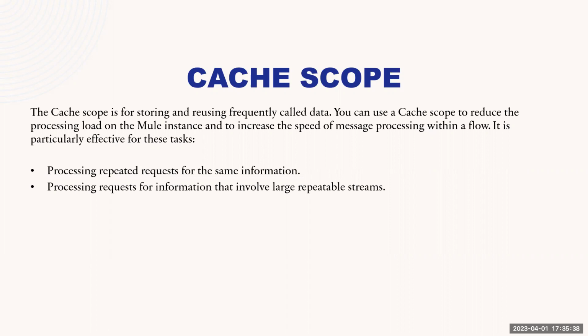The response that was retrieved from the first call will be automatically stored in the cache scope. Cache scope stores those values based on key-value pairs.